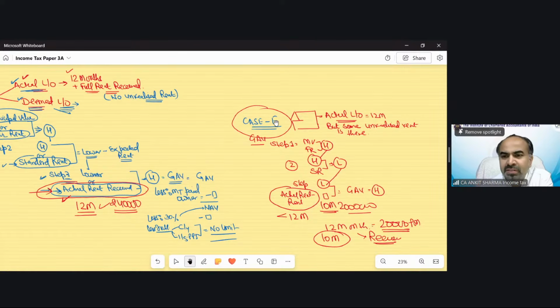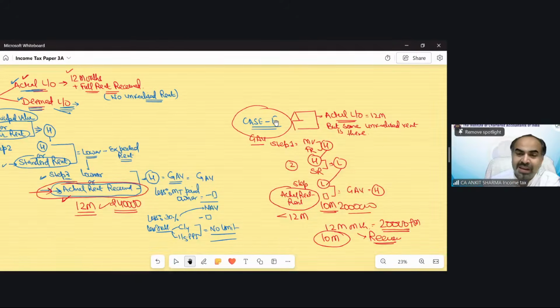Mac is saying, sir, in case of D, less than 12 months, this is not understood. Where I have written less than 12 months in case of D. In case of D, we only need to solve the question as per case number D when the property is let out for full 12 months and rent is also received for full 12 months.